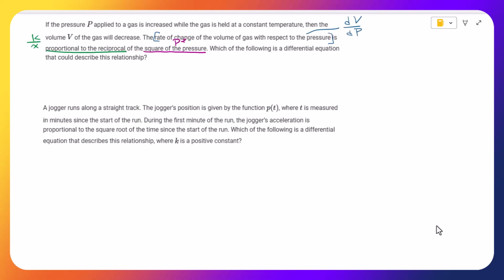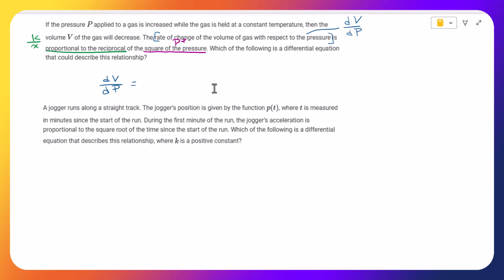Okay, so we've come back and we have that the rate of change of the volume of gas with respect to the pressure, so that's dV over dP, equals something directly proportional to the reciprocal.